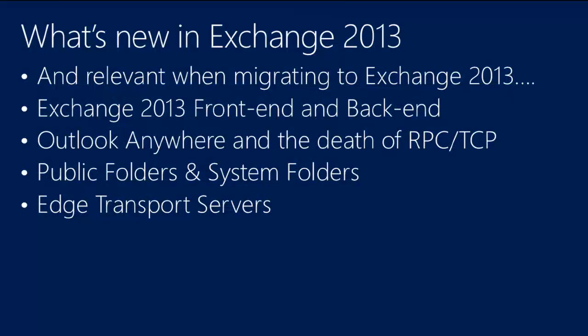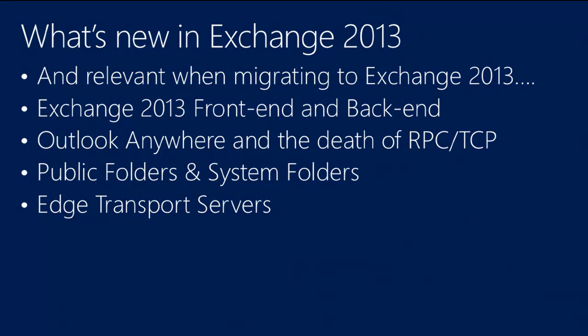Another new thing is Outlook Anywhere. Many customers have deployed it, but there are also, at least in Europe, and I don't know how it's here in the US, a lot of customers who were reluctant to implement Outlook Anywhere because they felt it wasn't secure enough to allow their users to connect to Exchange from the outside.